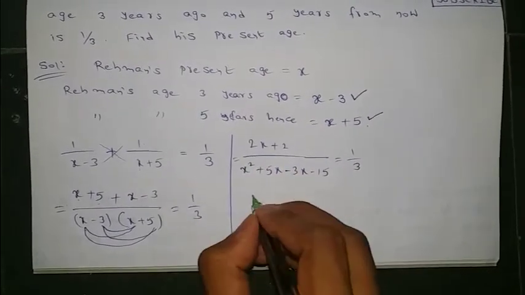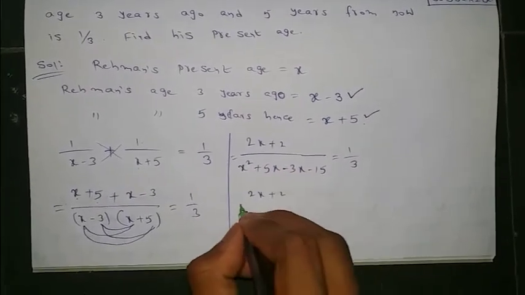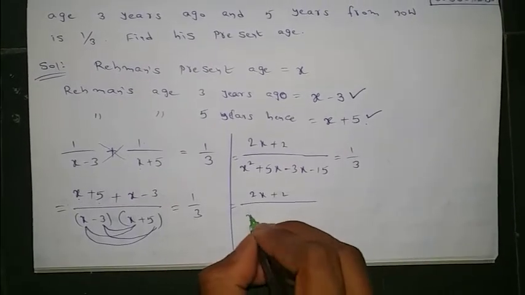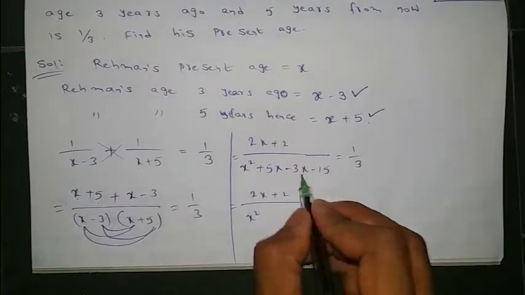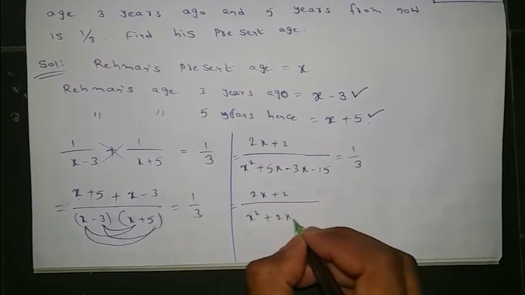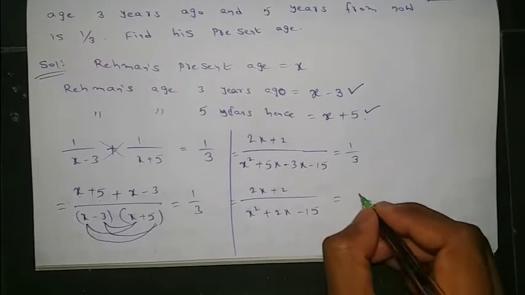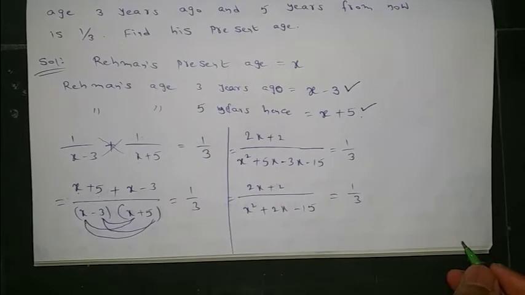The numerator as it is, 2x plus 2, divided by x square plus 5x minus 3x minus 15, equals 1 by 3.